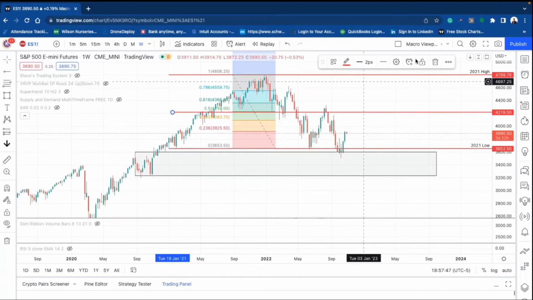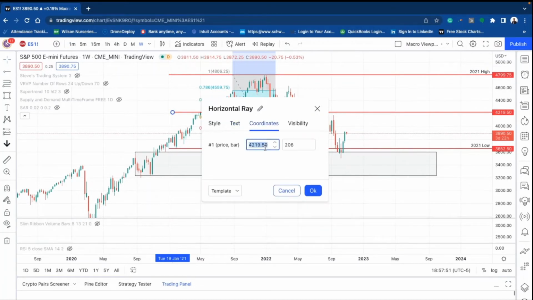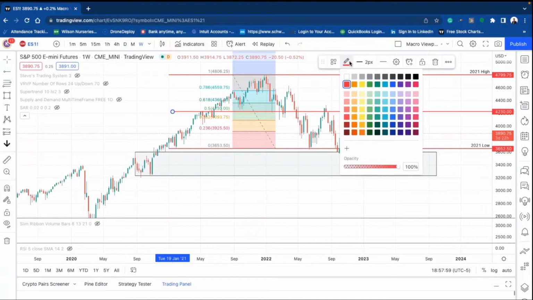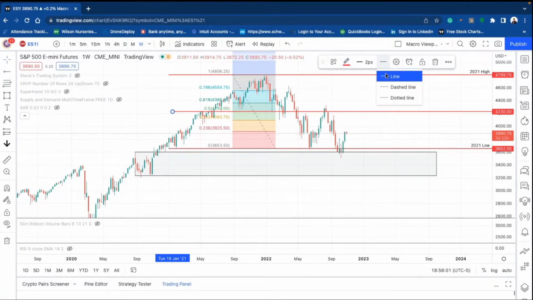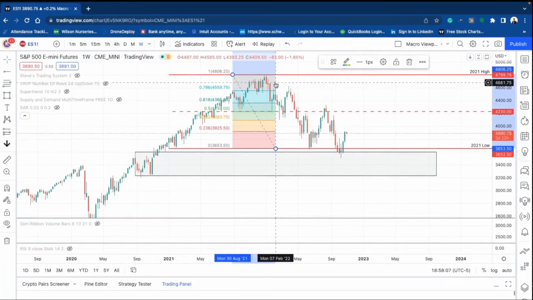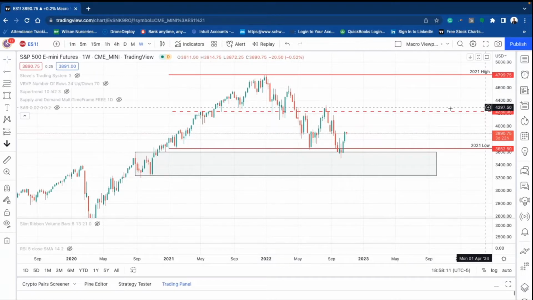Okay, so I'm going to edit this, get the coordinates. 4230, roughly. And then let's give that a dashed line, and we'll just leave it like that. So now I can get rid of this. Lovely how that's such a nice, even number.